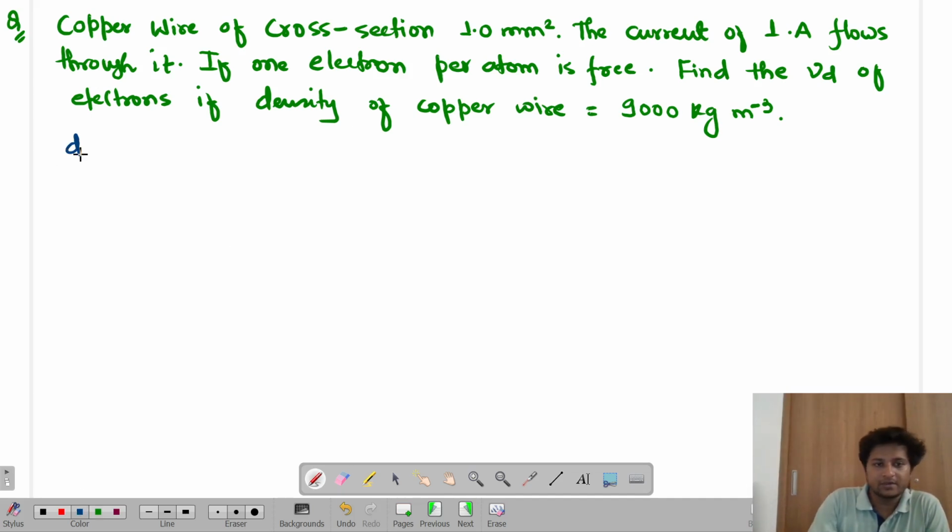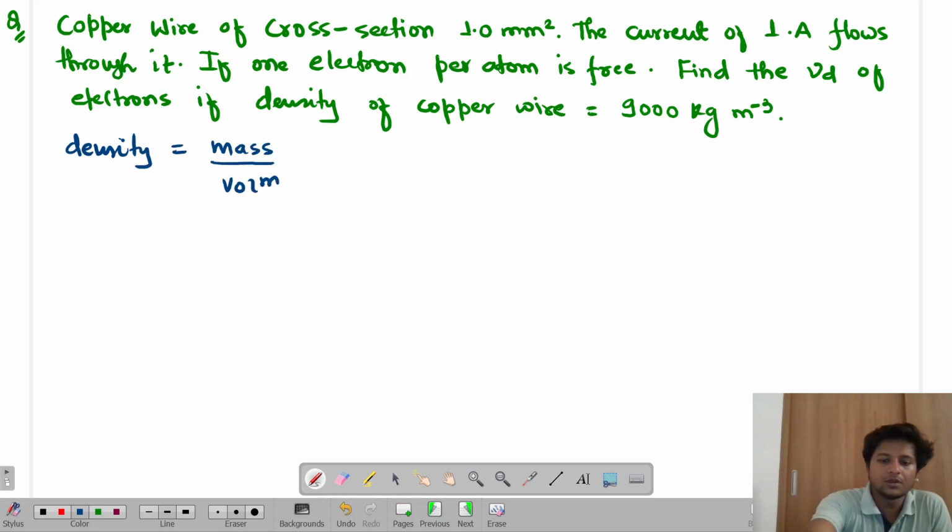I'll give you one hint. Basically, density is equal to what? Mass by volume. Definitely molar mass you will have to consider.